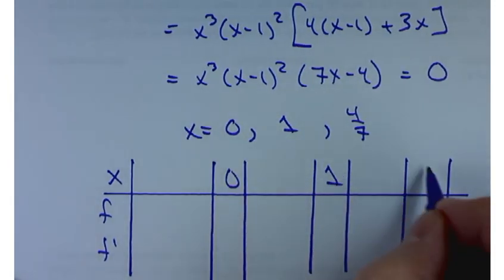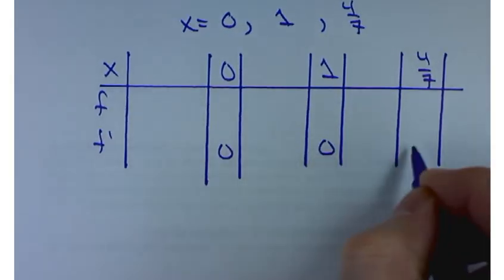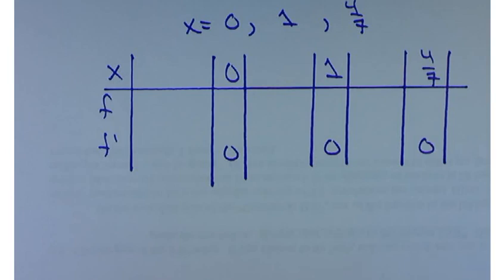Now I know the derivative is 0 in all these points. We just calculated those. Those are our critical points.